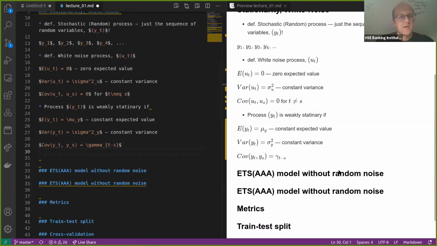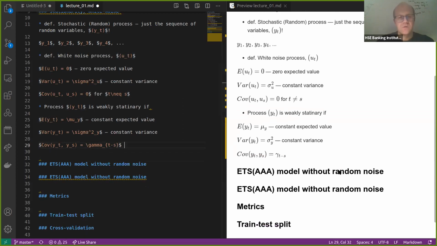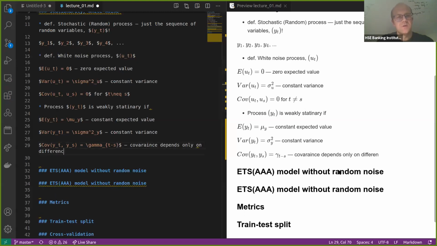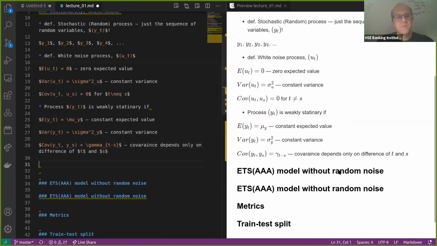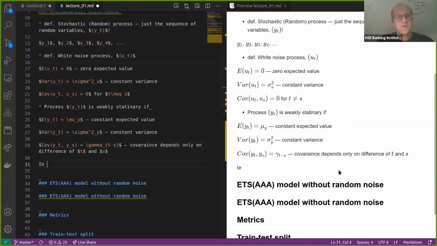So let me explain a little bit. Covariance depends only on the difference of t and s. For example, that means that covariance of y1 and y2 should be equal to covariance of y3 and, let's say, y4.